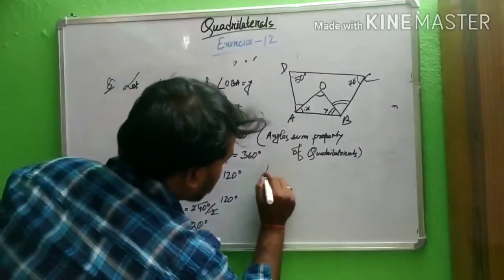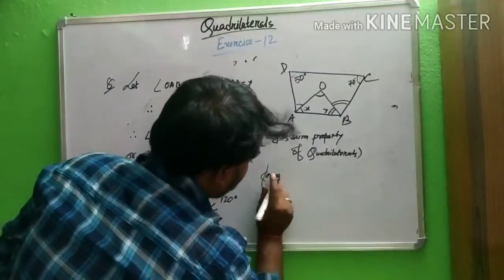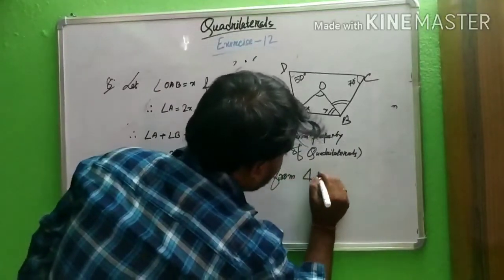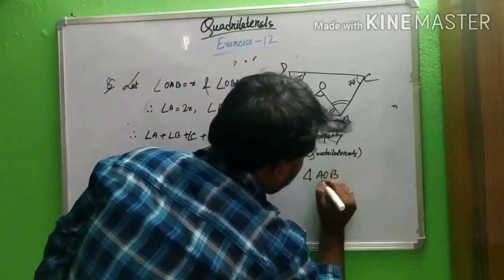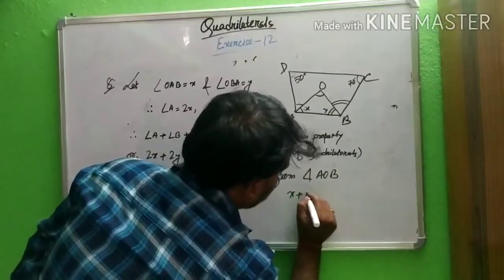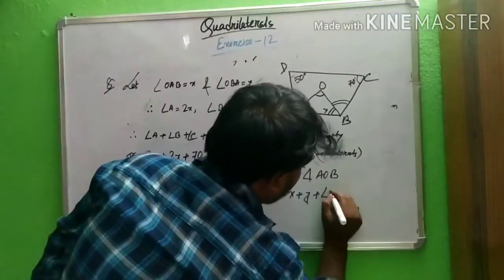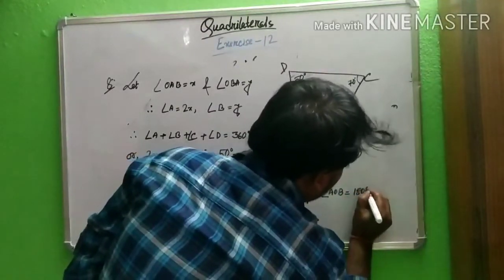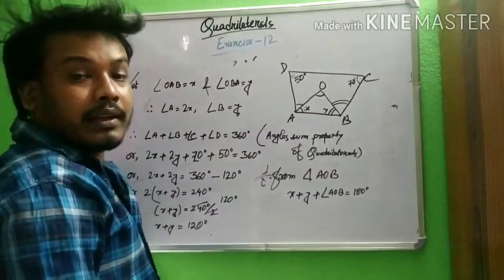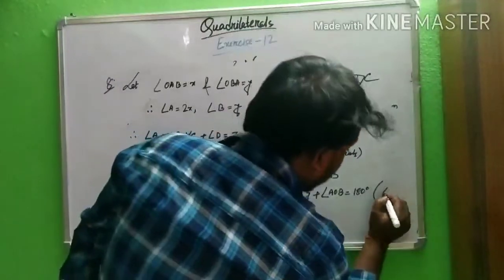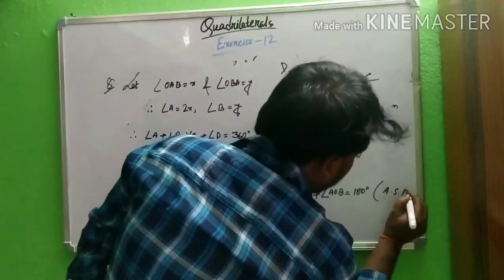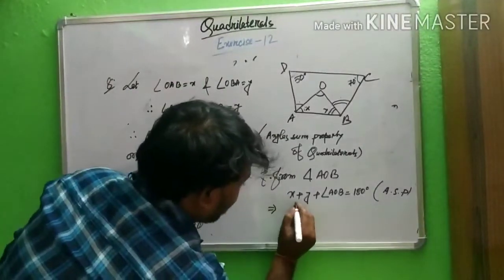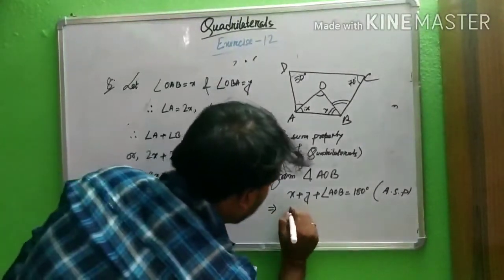Now from triangle AOB, x plus y plus angle AOB equals 180, by the angle sum property of a triangle. So x plus y is 120.